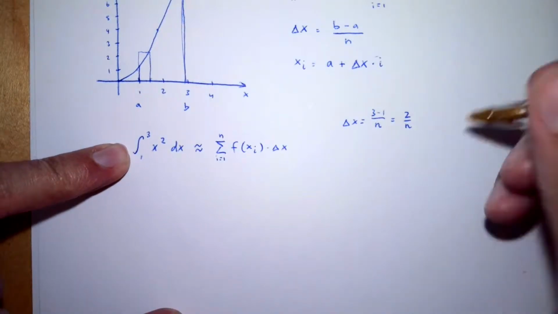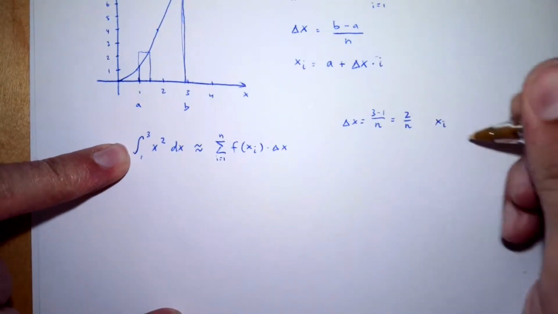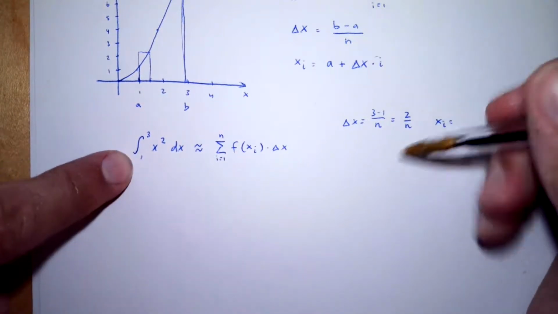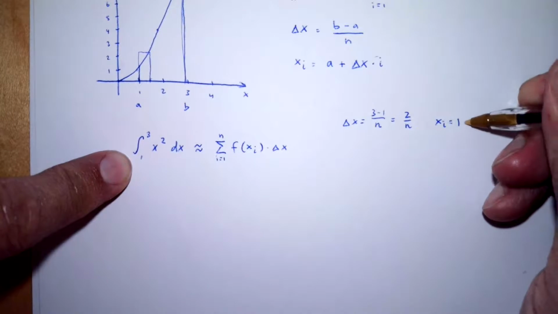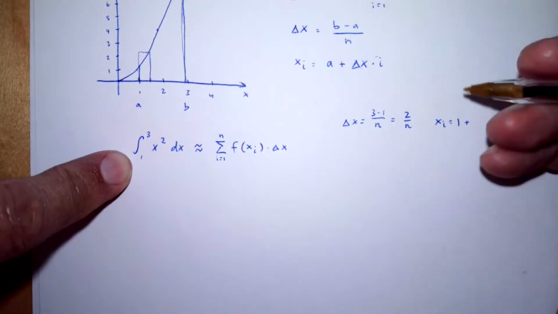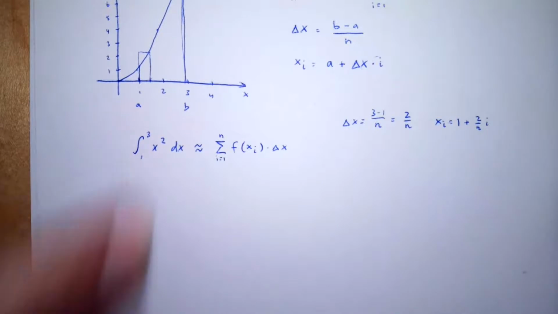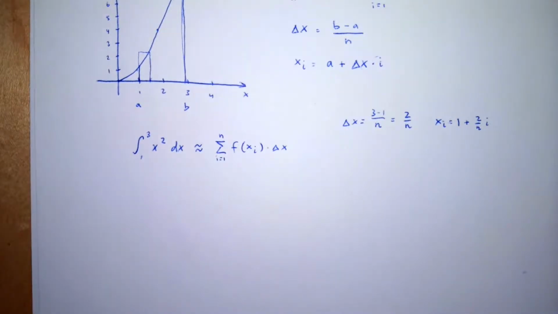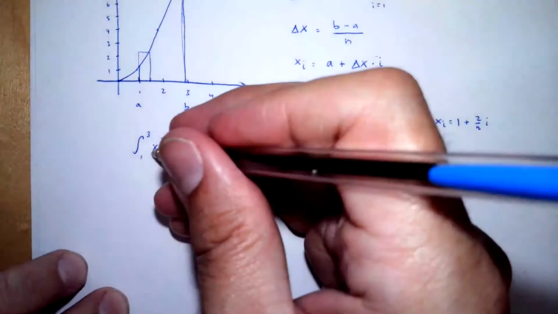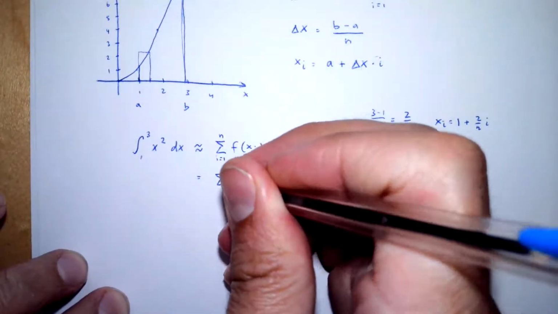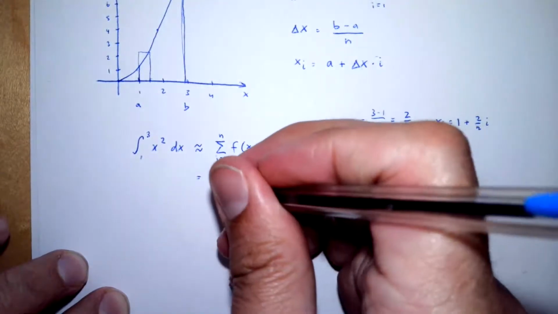Okay, that's fine. And then what's x sub i? So x sub i is our starting value, which is 1, plus delta x, which is 2 over n, times i. Okay, and then what's f of x? Well, this is f of x equals x squared. So we're going to plug in the pieces that we know.